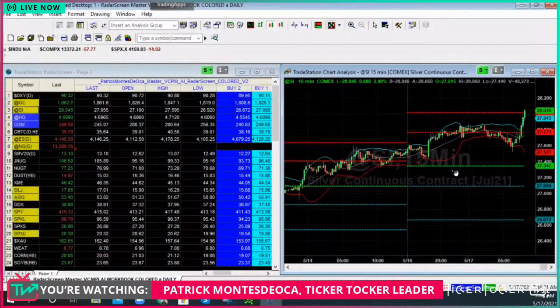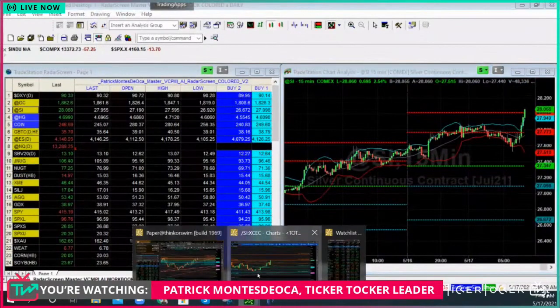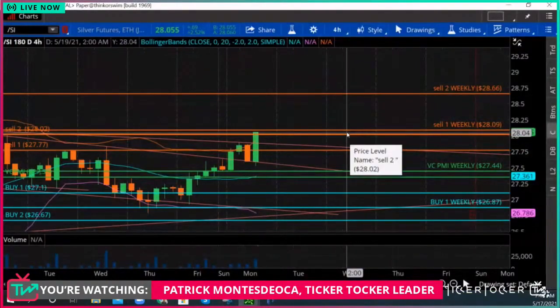Fast market on silver now, 2805. It's trading above the sell two level daily, so it is putting the daily neutral, and we should be moving into the weekly target of 2809.